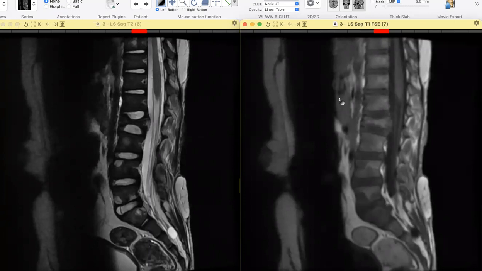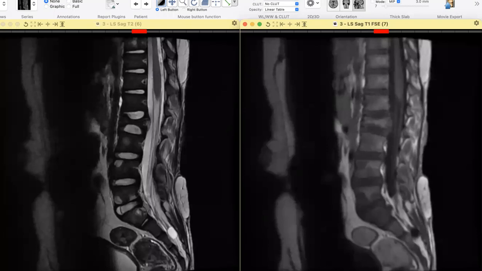There is diffuse alteration of the marrow signal of the lumbar spine, with markedly reduced signal in the T1 weighted images and areas of low T1 and high T2 signal intensity. This is suggestive of diffuse marrow infiltration. This could be secondary to the chemotherapy, especially with areas of high signal in the T1.